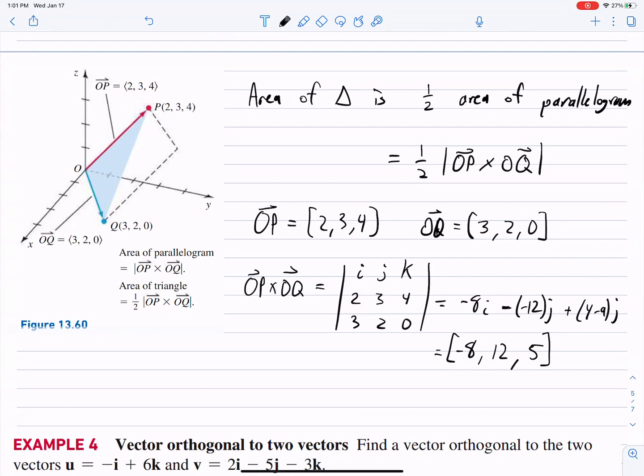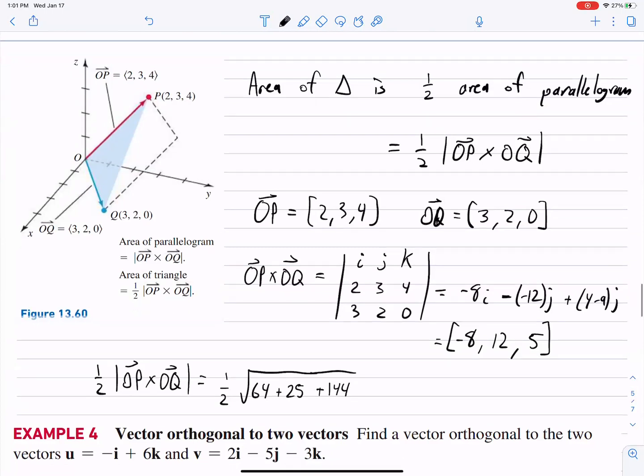And then the magnitude of OP cross OQ will be equal to 1/2 times the square root of 64 plus 25 plus 144.